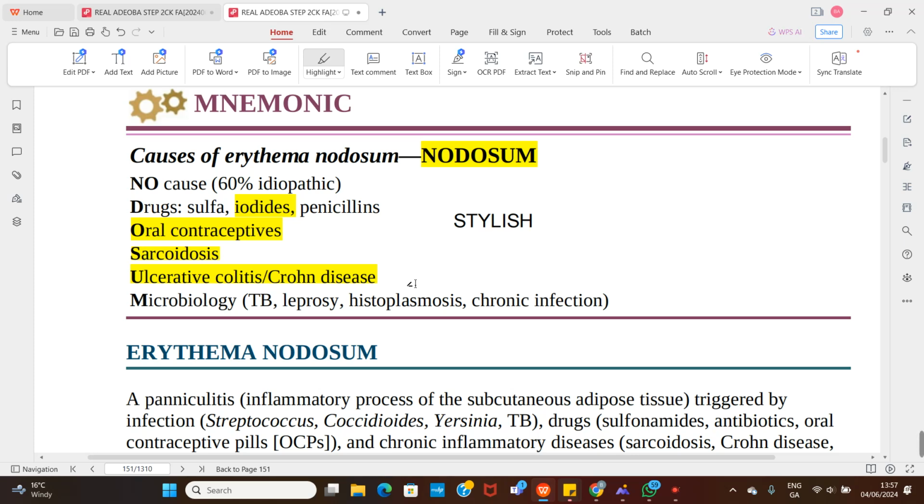Then the M for the microbiological infections, right? Your tuberculosis. Think about the chronic infections majorly.